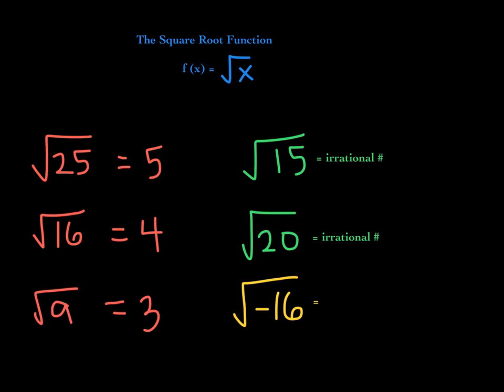So this is kind of impossible in the real number system. So I'm going to say this is not a real number, okay? Not a real number. So I want to stay away from numbers that are not perfect squares, just for convenience sake, and I want to stay away from negative numbers as my input. That leaves me with positive numbers that are perfect squares.